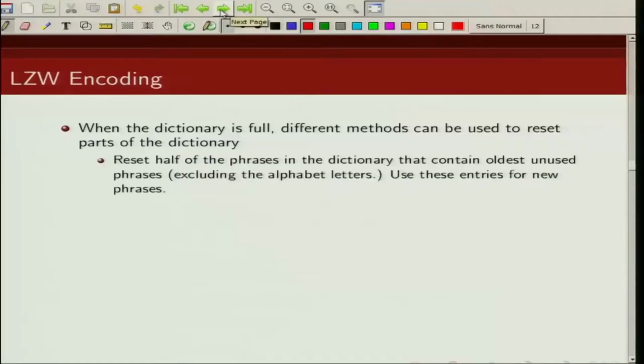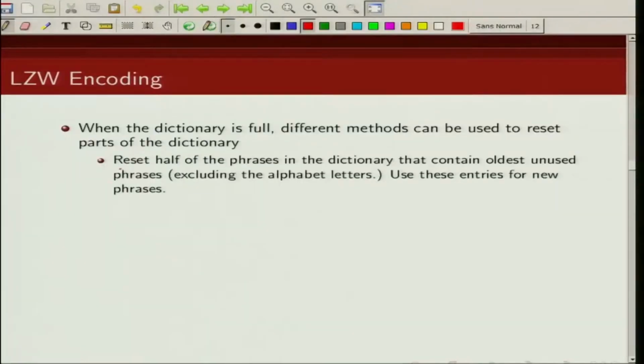So as we noticed in the previous slide, what we are doing here is we are adding new phrases into our dictionary which are not already there. Now if our dictionary gets full, because our dictionary typically will have a fixed size, then what should we do? We can follow one of these two approaches.